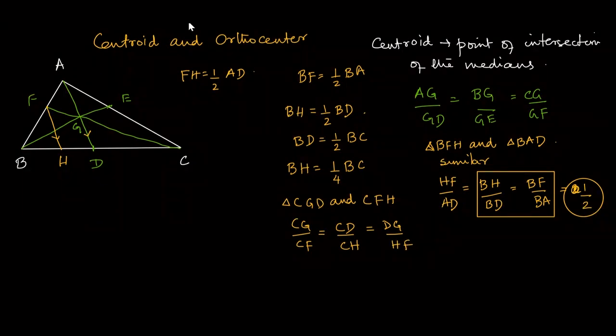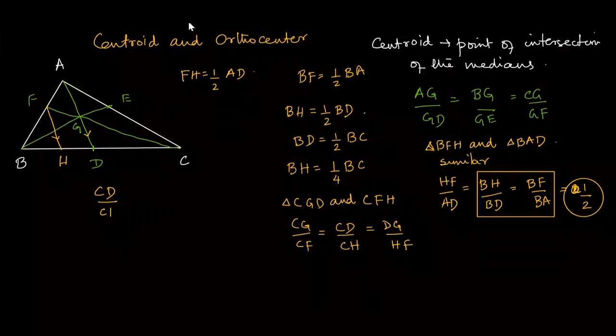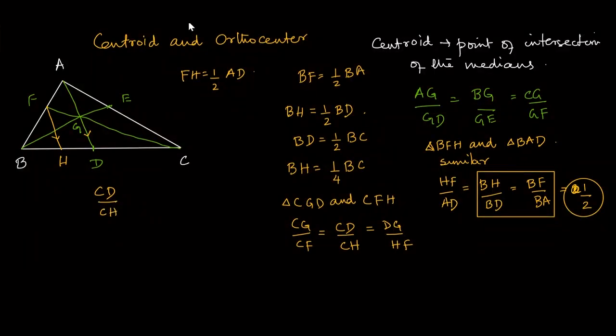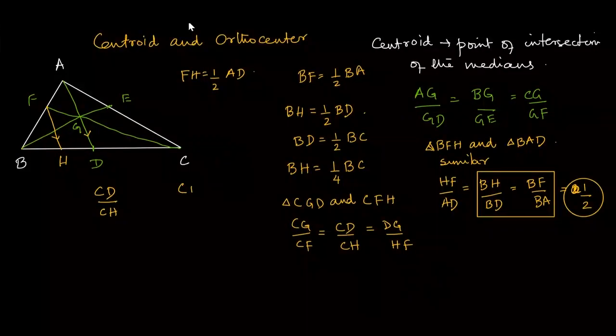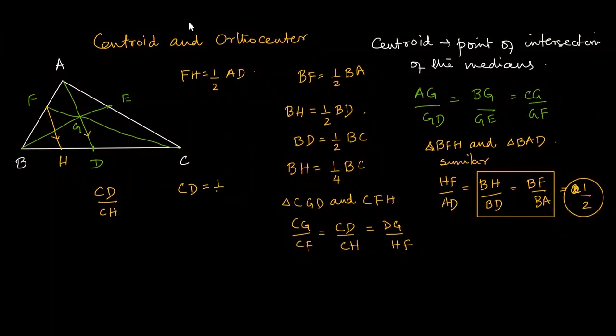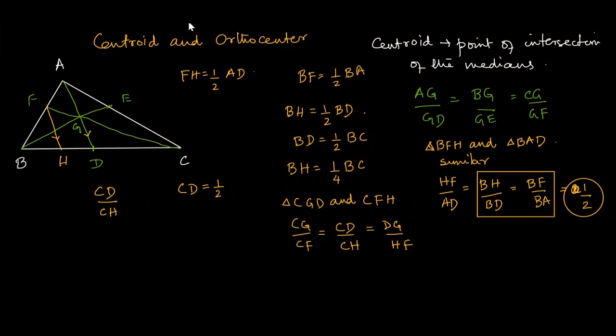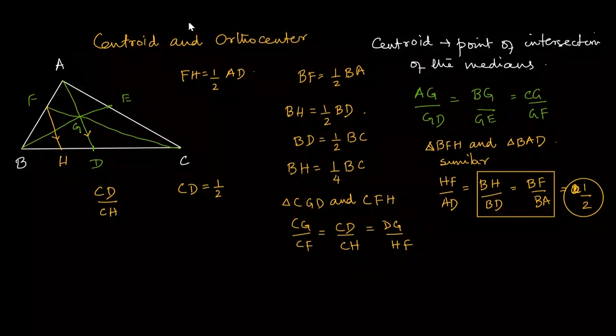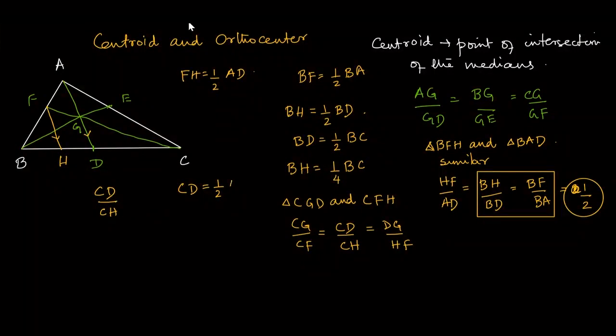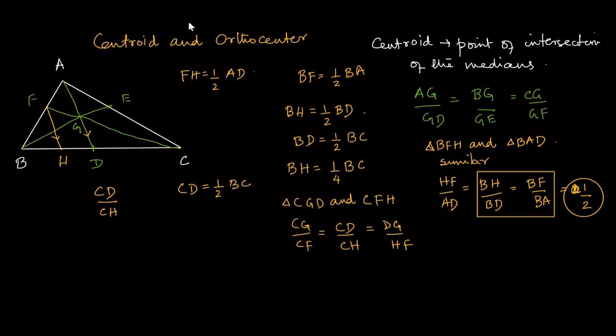Now what is CD upon CH? Can we find this out? CD upon CH. CD is half of BC, right?